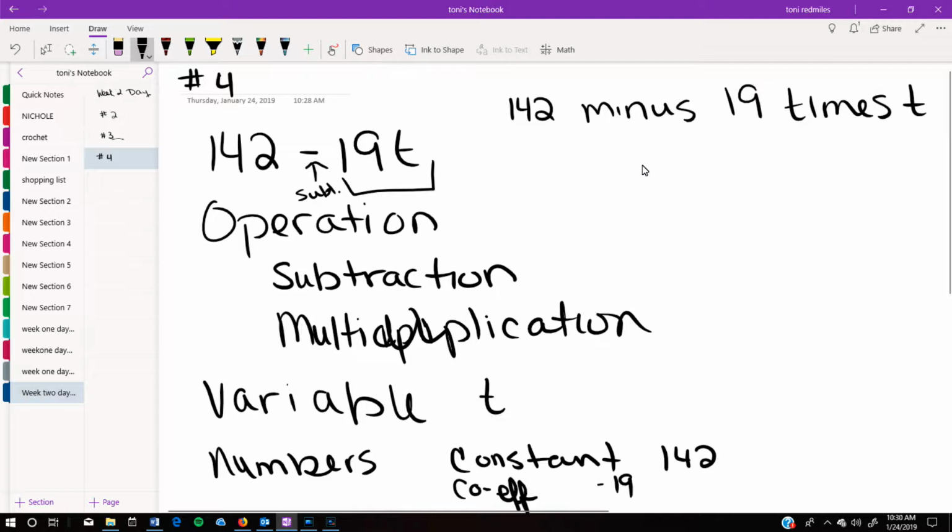I could turn it into a word problem and say something like, and remember, your answers may not be the same as mine. As long as you're showing the same operations and the same variables, you are fine. I could be really creative and say, I have $142.